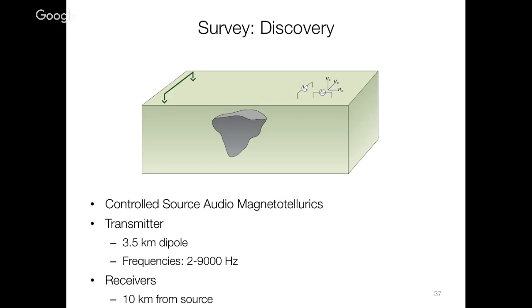Their transmitter was about 3.5 kilometers long, and their frequencies were 2 to 9,000 hertz. So that's why it's called audio, right? You can listen to 100, a couple thousand hertz. And the receivers were about 10 kilometers away.